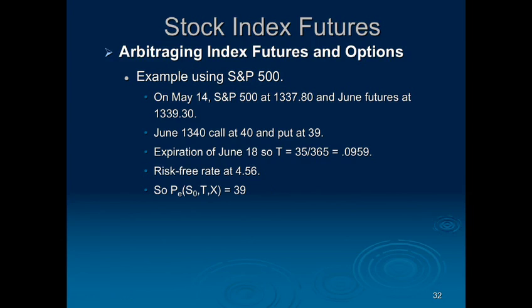So, based on this information, we're told that the current put is priced at $39. The question I'm going to ask is, is that the same as the theoretical price that it should be equal to? So how can we work that out? Well, we can use put-call futures forwards parity. The put should be equal to the call plus the present value of the exercise price minus the futures price.